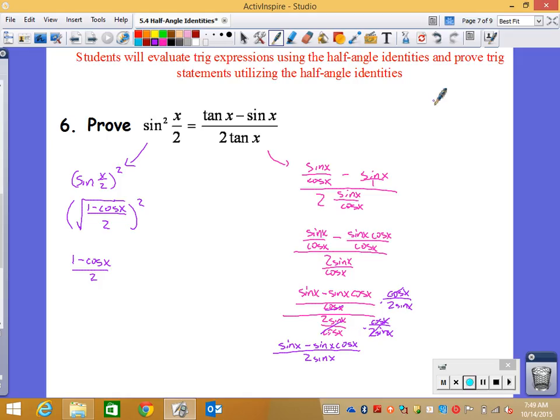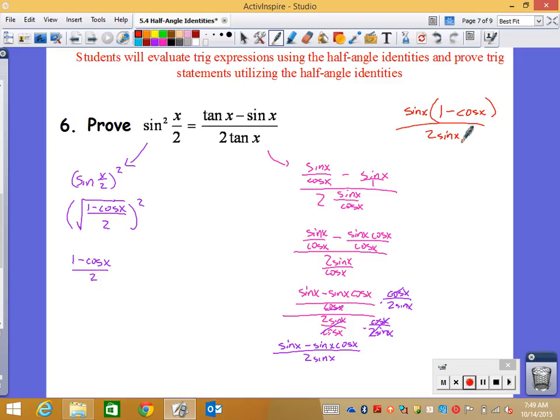Sorry for running out of room, but a lot of stuff to write here. Let's change colors just to illustrate. Okay, so I have sine x times, what am I left with here? Well, I'm left with a 1 in this term, minus, take out the sine x, I'm just left with a cosine x, all divided by 2 sine x.